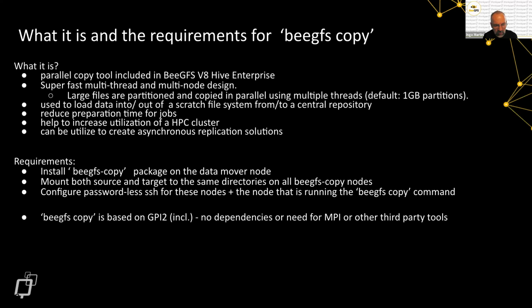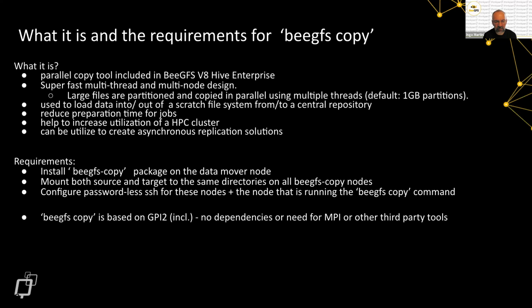The main goal was to utilize multiple clients at the same time to move data from one POSIX file system to another one. If you imagine you have two file systems, one is a repository, one is your Scratch file system on your HPC environment, then you can utilize clients that have both systems mounted, and you can use them with BeeGFS Copy to move the data between these file systems.